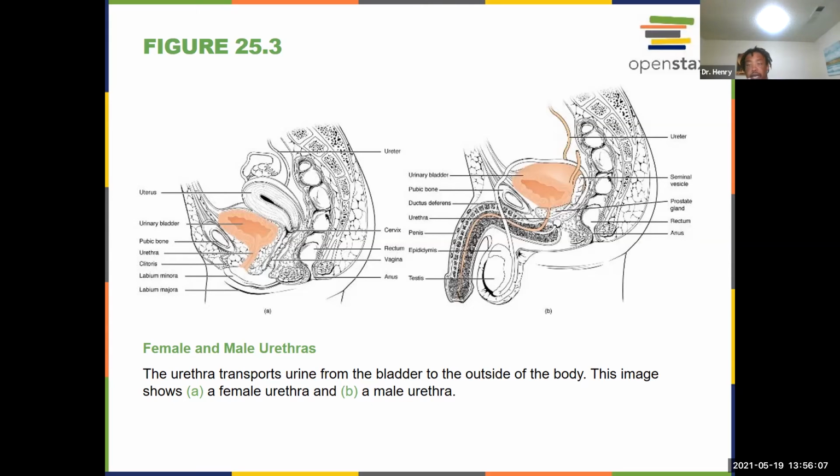When we think about the transport of this, the volume plays a huge part. As I said earlier, 1 to 2 liters a day is normal. If we have greater than 2 liters, 2.5 liters or more, it's called polyuria.